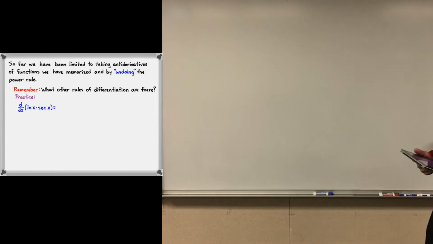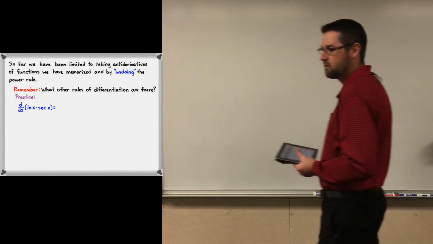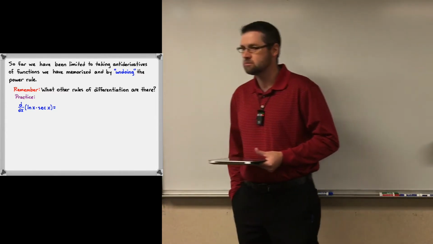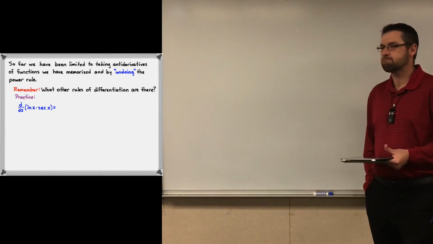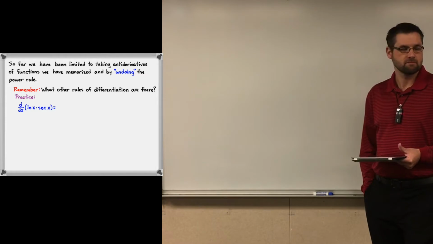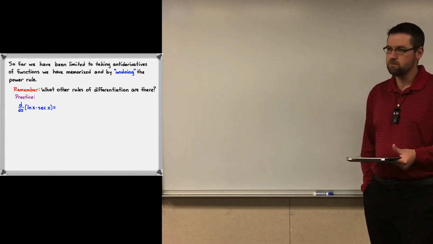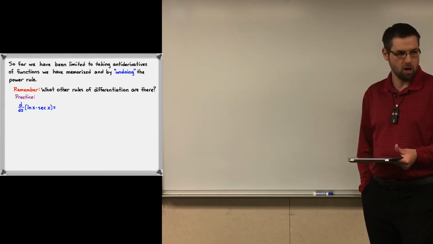So let's try these. d dx of natural log of x times secant of x. I'm going to give you 5 seconds to come up with an answer. You can write it down in that time, but you should know the answer now though, right? What rule? Product rule.